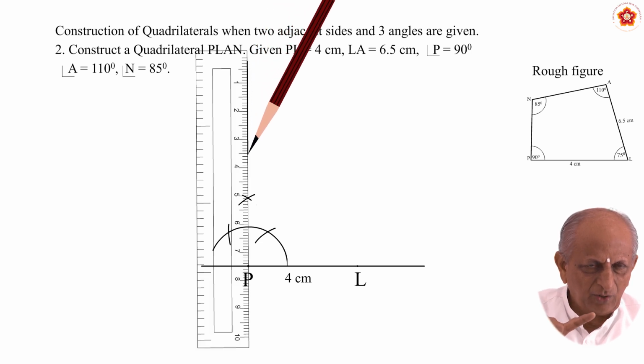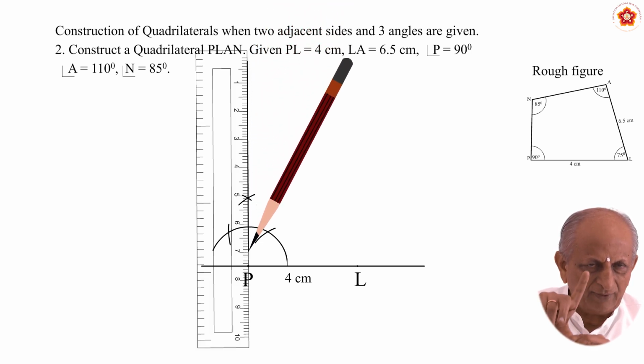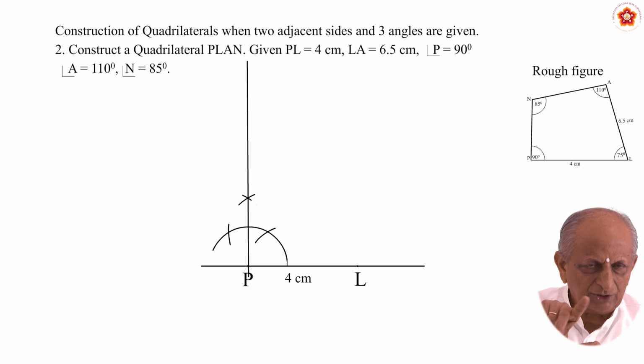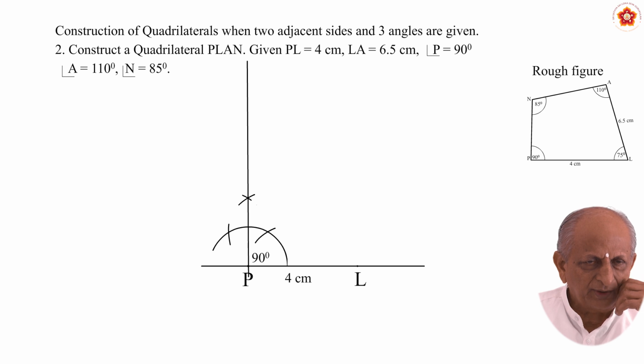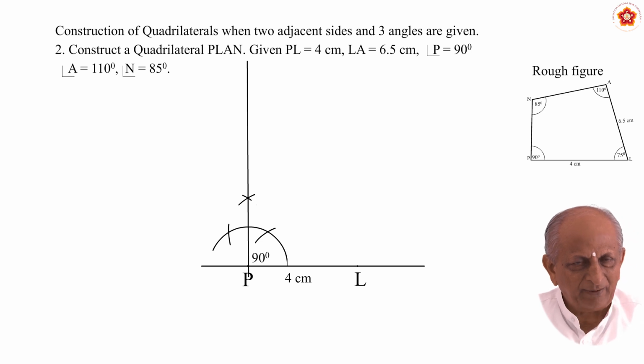With the same radius, draw one more arc. And from that point, draw one more arc. These two arcs meet at a point above. Now you can join. This will be the perpendicular line. So that is how you got 90 degrees, right?